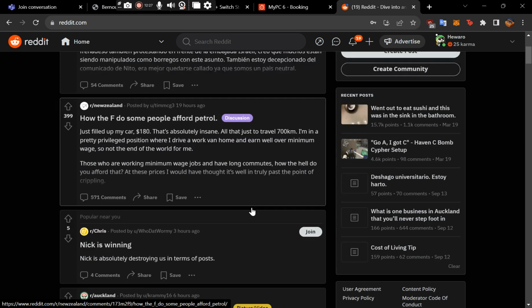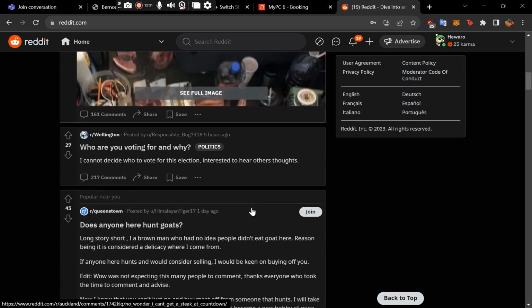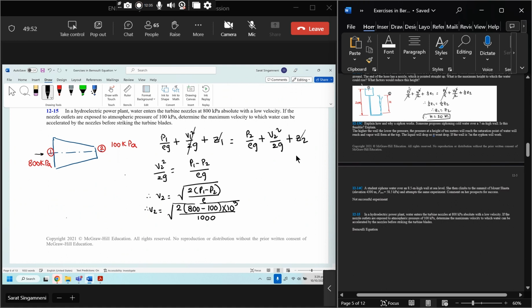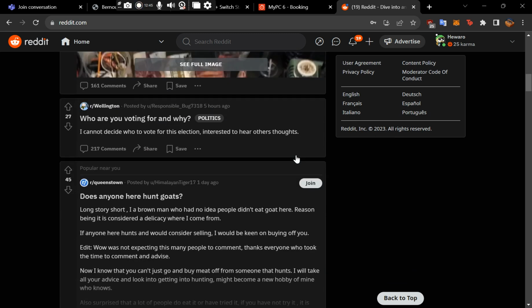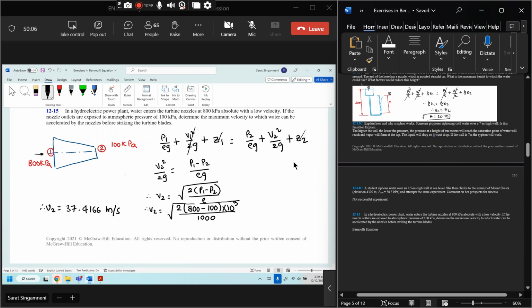Whether I state it in the problem or not, under normal circumstances you take it as 1000. When you solve it, we get the velocity at the exit of the nozzle as 37.4166 meters per second. So that is the exit velocity.